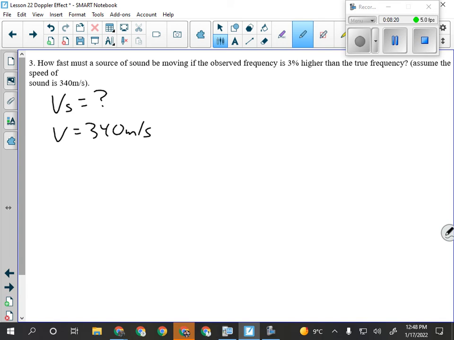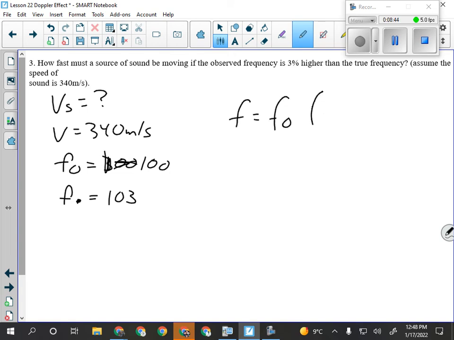Okay? So I'm just going to say then that FO is 100 and F is 103. So I'm saying an approaching object, but it wouldn't make any difference. Okay, so I am going to take F equals FO, V over V minus VS. Okay, and then all I have to do is solve for VS. So I'm going to manipulate here.